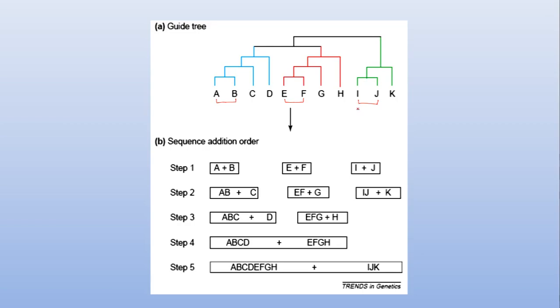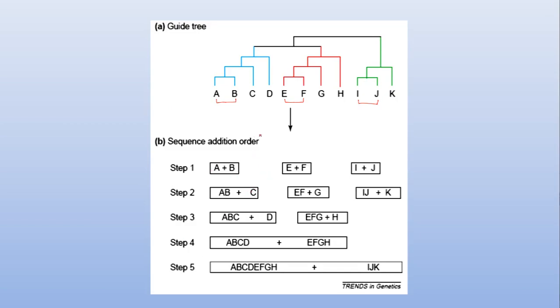Therefore, we can decide that, based on the data on this guide tree, we would first align sequences A and B. Simultaneously, we would align sequences E and F, and sequences I and J. Based on how the remaining sequences are placed in the guide tree, we would go on subsequently adding the remaining sequences to our alignment. This is the overall idea of how the sequences are selected and aligned.